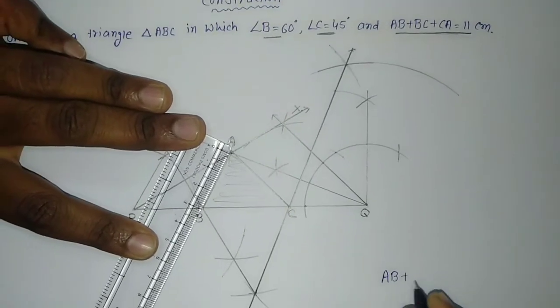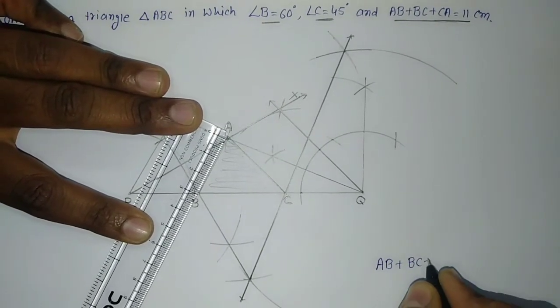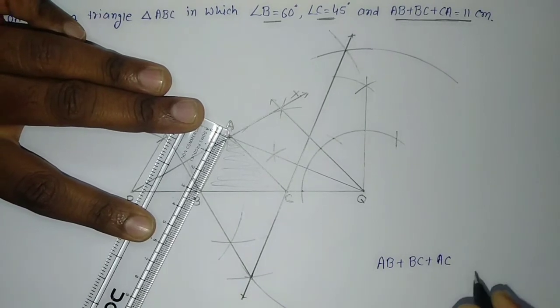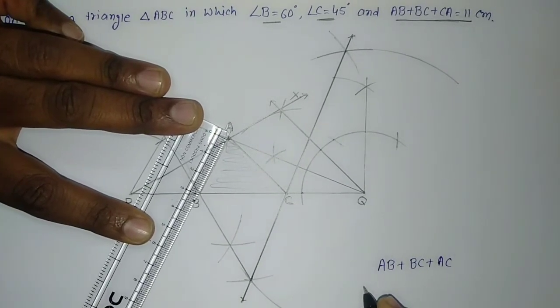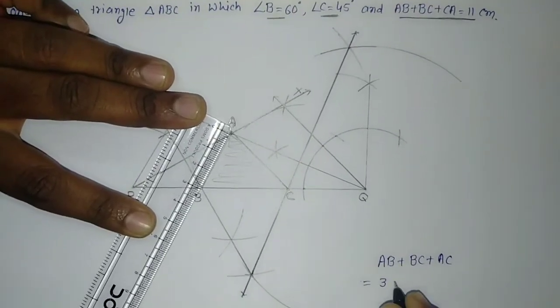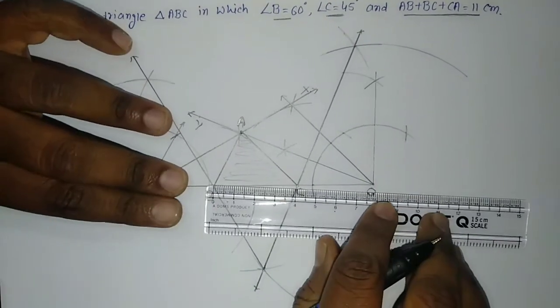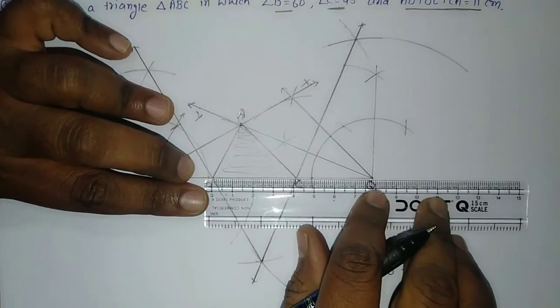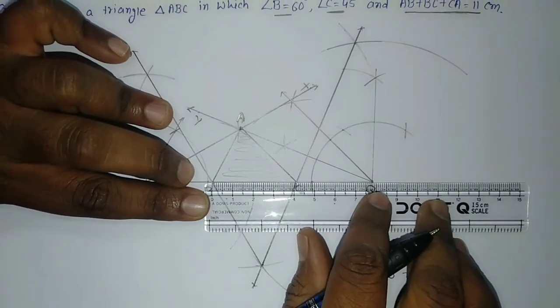So I will write it here, AB plus BC plus AC, we wanted 11. So AB, that AB I will mention here, is 3 centimeter, plus BC, let us check what is BC, that BC is 4 centimeter.